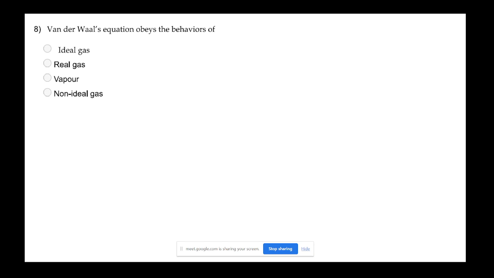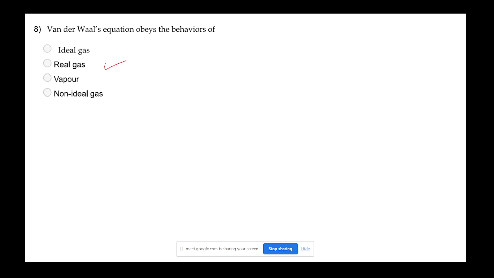Van der Waals equation obeys the behavior of a real gas. Like, what is the meaning of real gas? Real gas is nothing but any gas which is present in the atmosphere, because none of the gas has ideal behavior, as I mentioned.